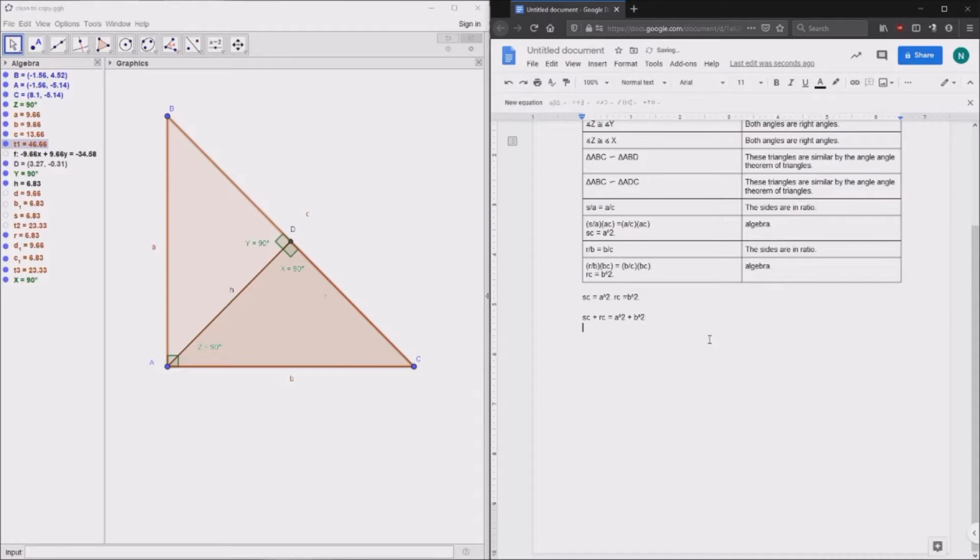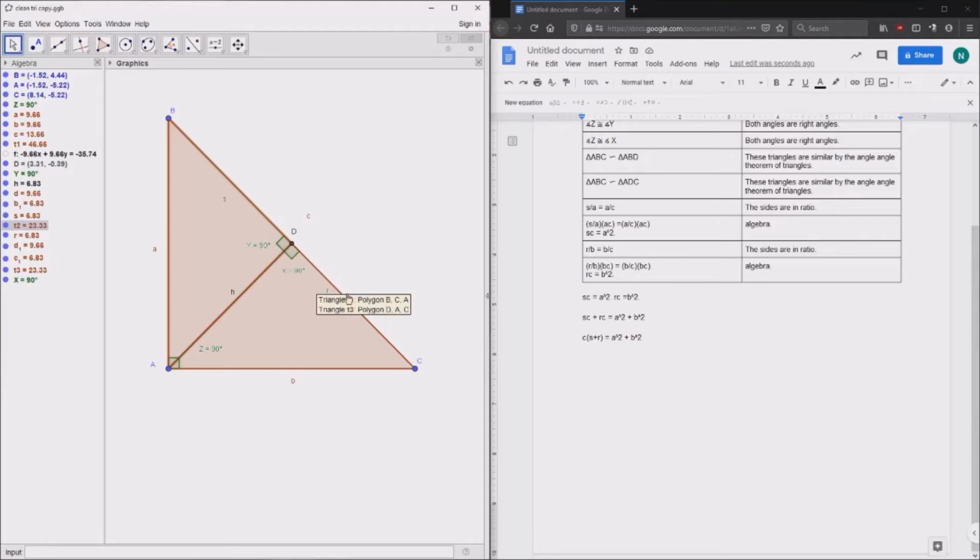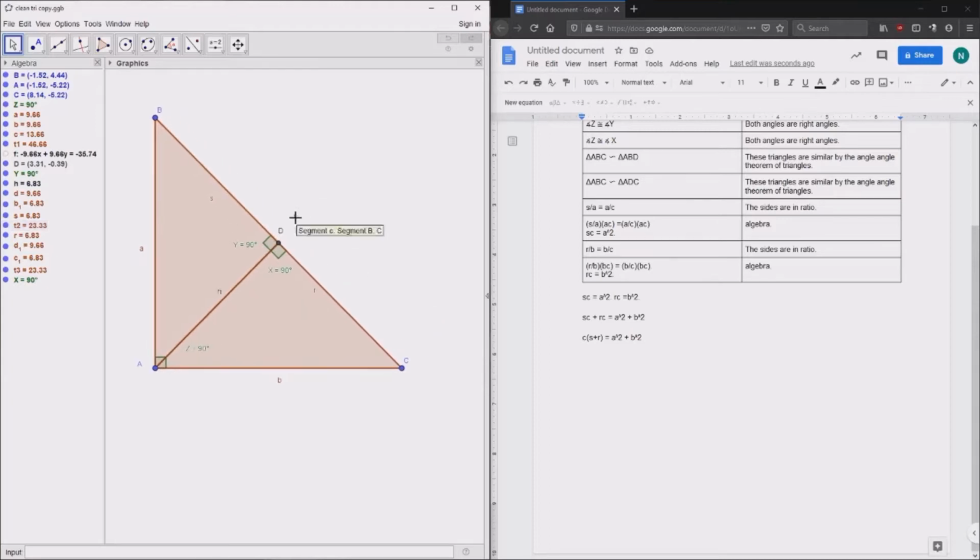Okay, let's factor this out. We can take out a C pretty easily, right? Do we see that on this side? So we get C times S plus R equals A squared plus B squared. Take a look at the drawing. This was side S in our triangle 2, and this is side R, and these two segments make up C. What do we get?